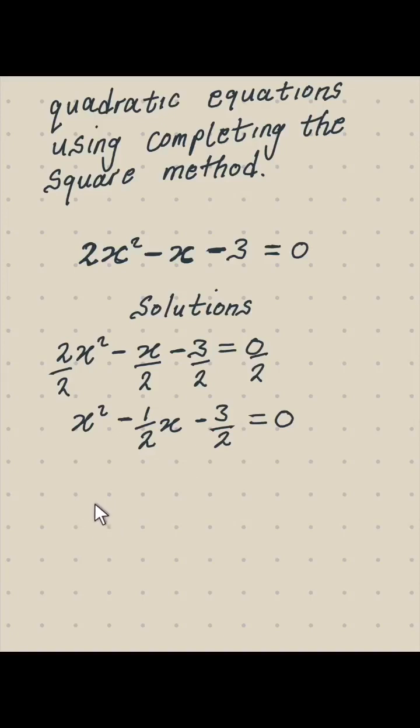For example, if I have 4, I know half of 4 is 2, but how do I find that? We can find that by multiplying 4 by 1 over 2. So 4 times 1 gives us 4 over 2, then 4 divided by 2 gives us 2.